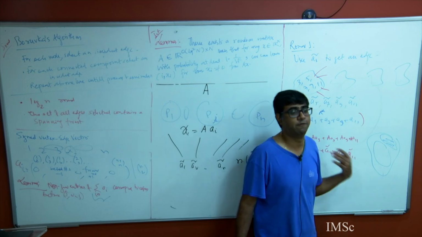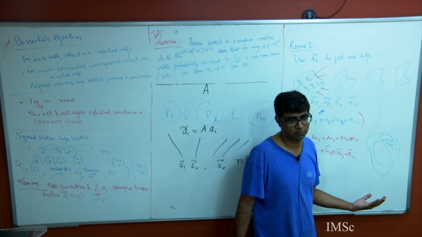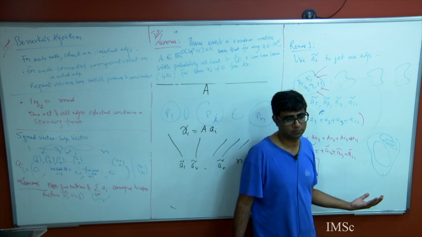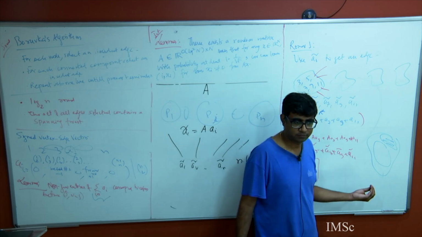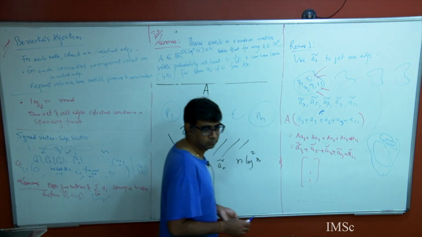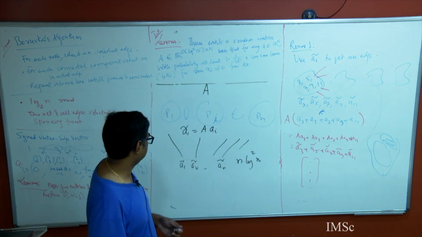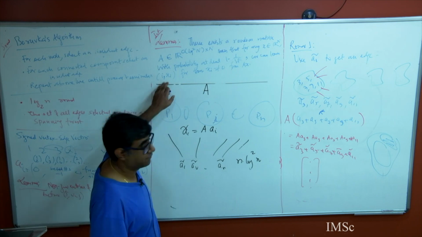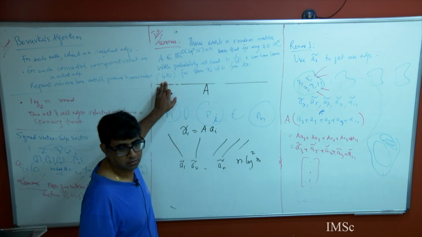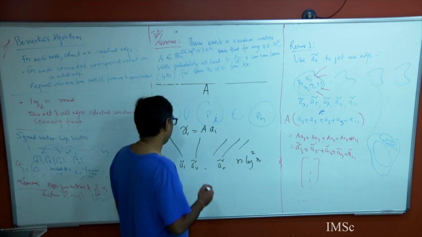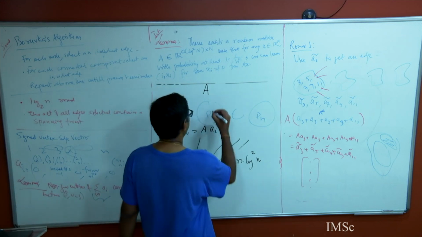So how are we going to avoid this? How do we avoid this? What do you mean by the same family? We just pick another A prime.